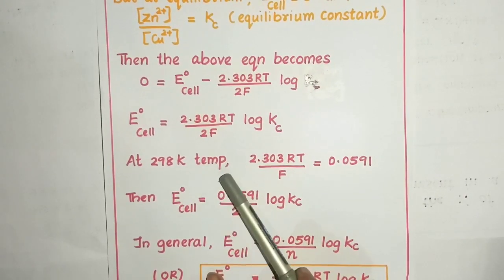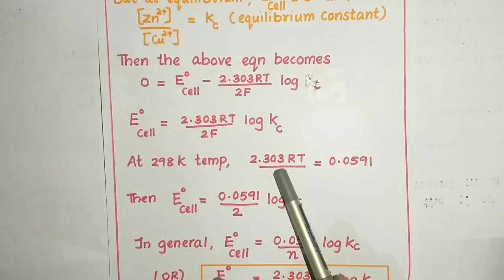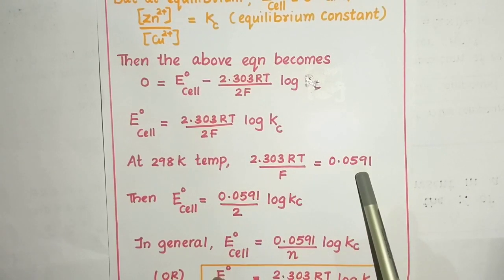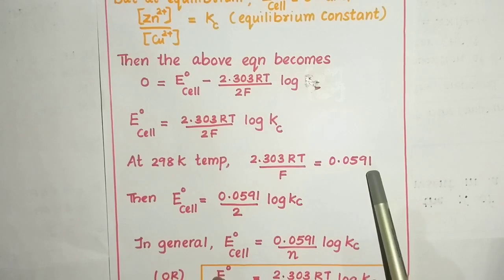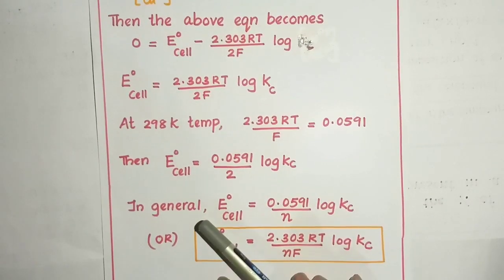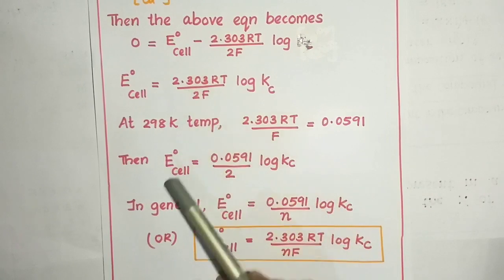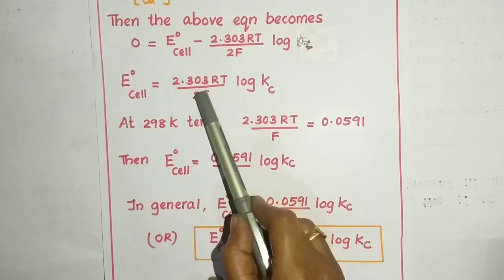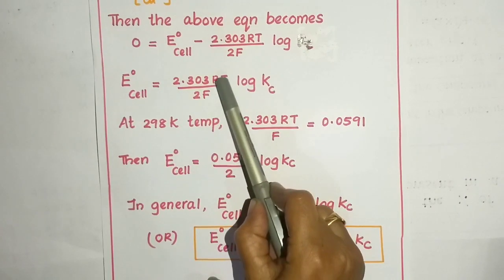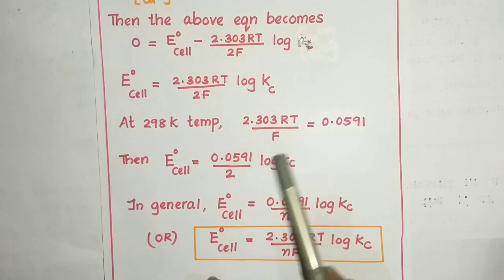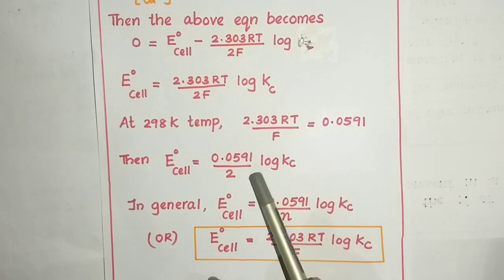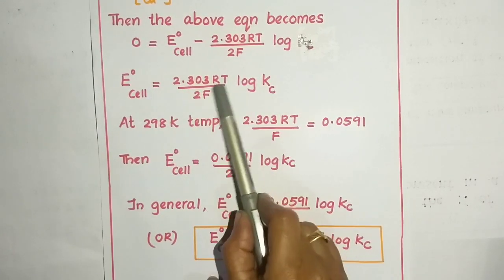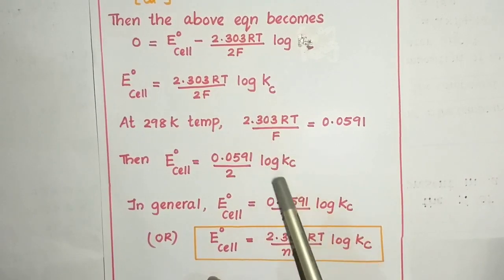At 298 Kelvin temperature, 2.303 RT by F is equal to 0.0591. We previously discussed this. Then substitute the value in the above equation. E0 cell is equal to, instead of 2.303 RT by F we can substitute 0.0591, so 0.0591 divided by 2 into log Kc.